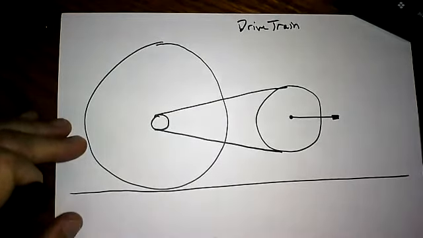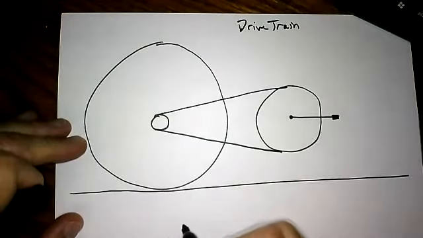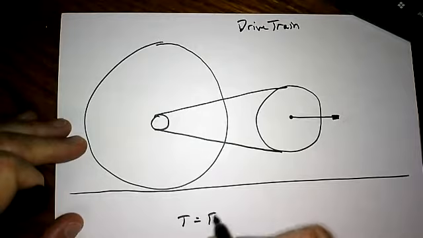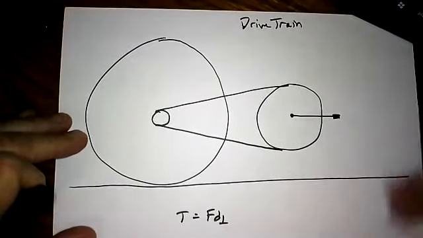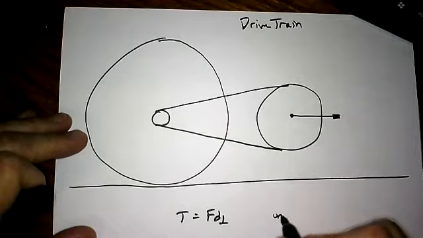Okay, two equations that you need to remember here. Torque equals F times d perpendicular. That's torque, and that's equal to the product of the magnitude of force and the moment arm. And the units for torque are Newton meters.